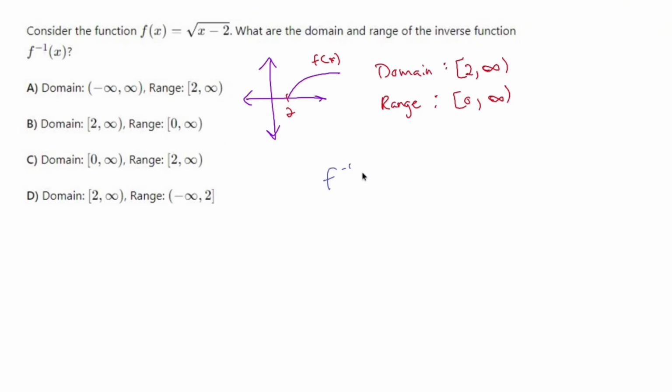So for f inverse of x, the domain is now the range and the range is now the domain. So the domain is now 0 to infinity, and the range is now 2 to infinity.